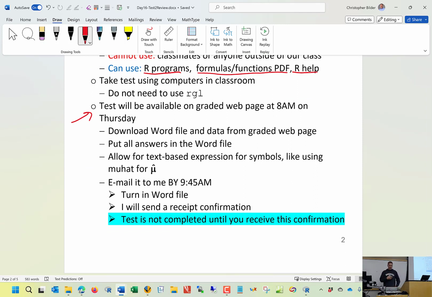It's going to be in a Word file. Put all your answers in this Word file. At times you might need to type out equations, and if so, you're welcome to use the text-based equivalent of that equation. Please email me the test by 9:45 a.m. Do not leave the room until you receive a confirmation from me that I've actually received the test.